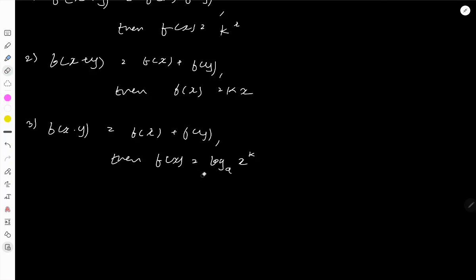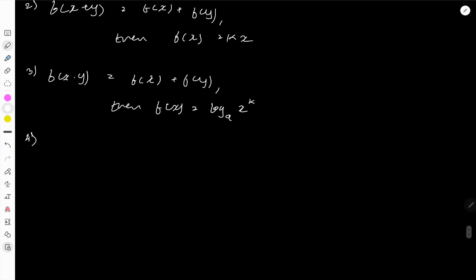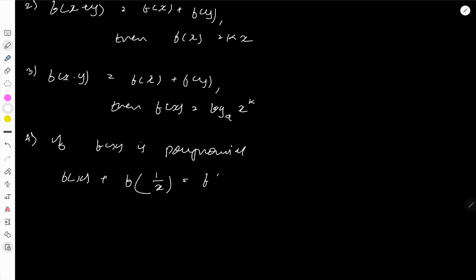I'm erasing this k from here. So the fourth equation: if f of x is a polynomial such that f of x plus f of 1 by x is equal to f of x into f of 1 by x, then f of x is equal to 1 plus minus x to the power n.